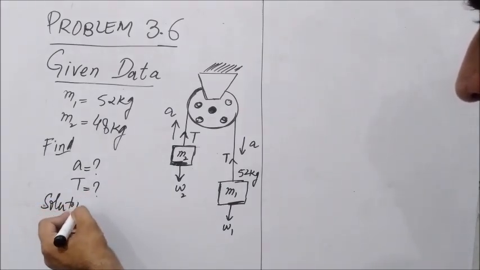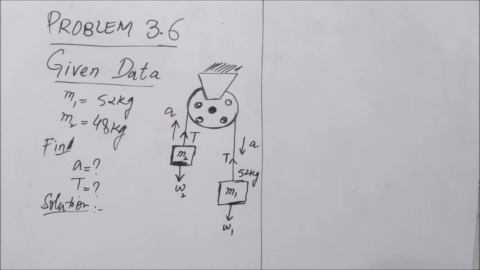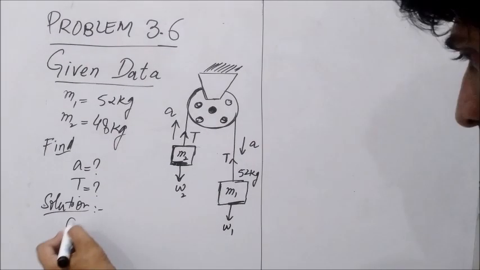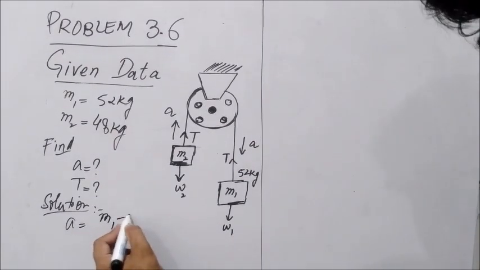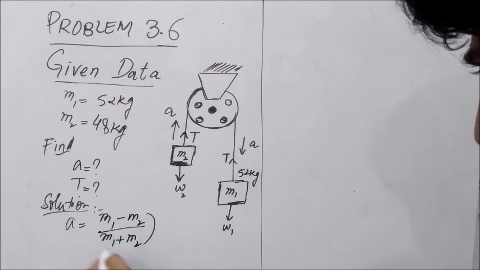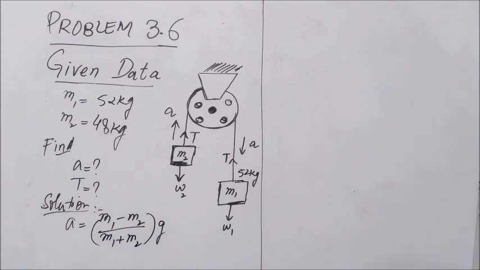We already derived the formulas for the acceleration and the tension, so I'm going to use those formulas. For acceleration, it is (m1 minus m2) divided by (m1 plus m2) into g. So now I will simply put the values here.